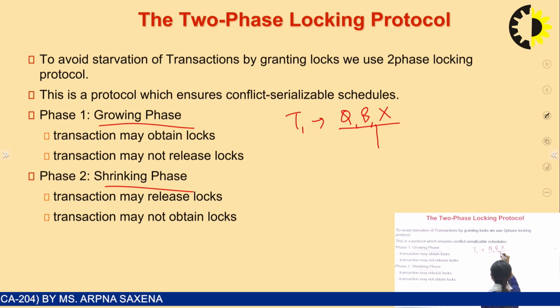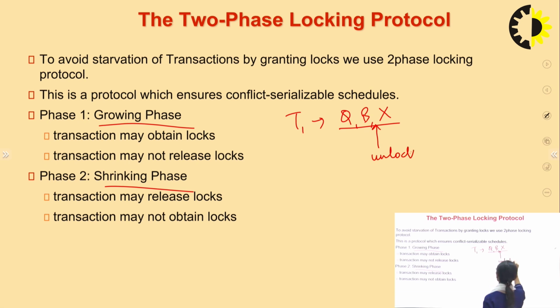But here, suppose it is requesting for Q; it has sent the request for Q, granted. It sends a lock request on data item B, granted. But then it tries to unlock Q, then it won't be fulfilled. Why? Because still it needs to send the request for locking on data item X.